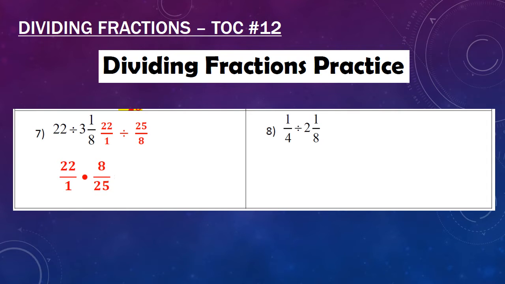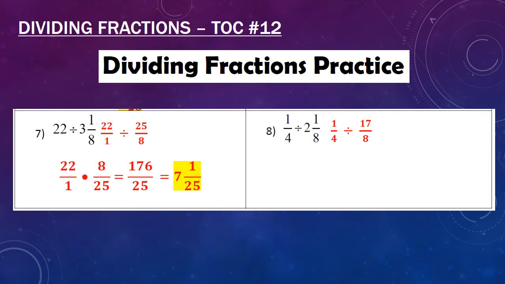And then I'm going to multiply straight across, and I get 176 over 25. And if you think of money, think $1.75 in quarters. How many quarters go into $1.75? And that helps you find your answer. It would be 7 1/25.